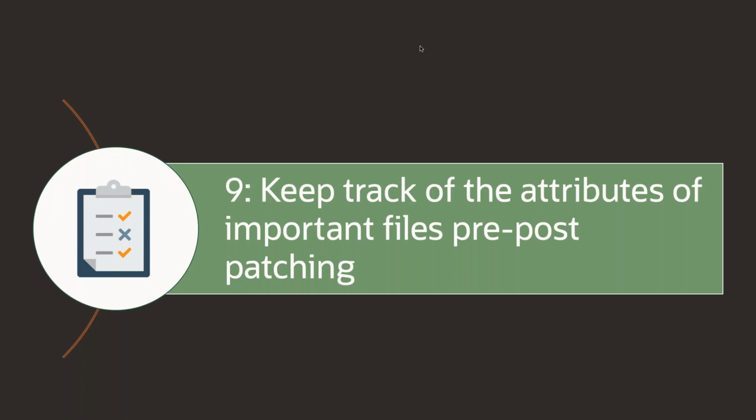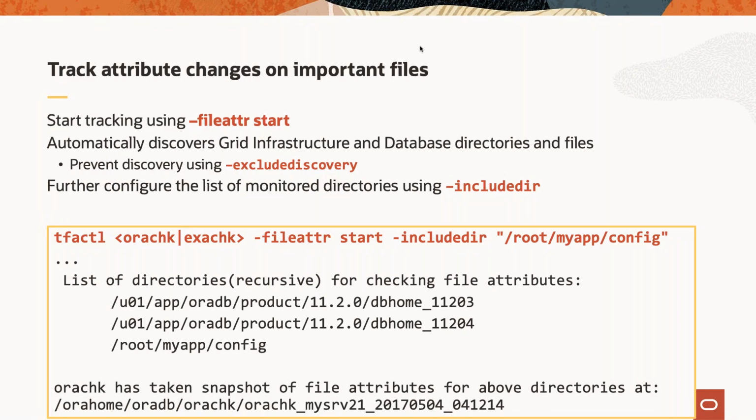Tip number 9. A lot of times people perform operations on their Oracle home and something goes wrong. And after you finish the operation, you realize that, oh crap, what was the permission on that thing? But they don't remember because you never captured it. AuraCheck is a utility that can be used to capture this.